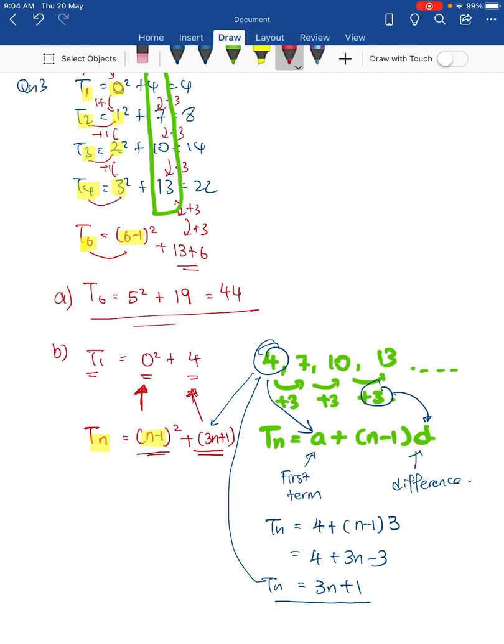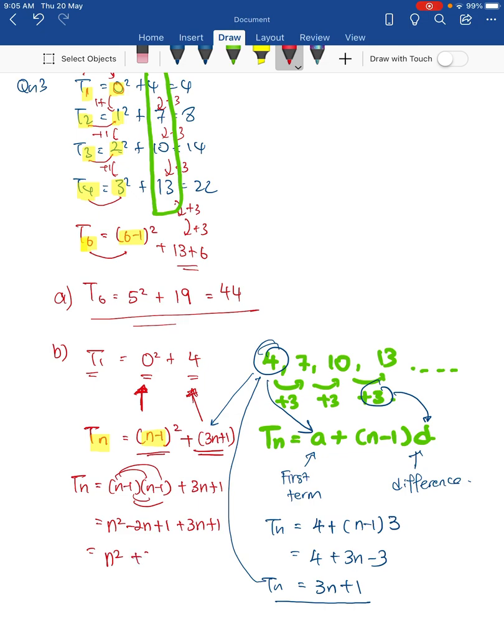So therefore the answer will be this, and of course we need to simplify. n minus 1 square is n minus 1 times n minus 1 plus 3n plus 1. So when we expand this, that will give us n squared minus 2n plus 1 plus 3n plus 1, and simplify further.